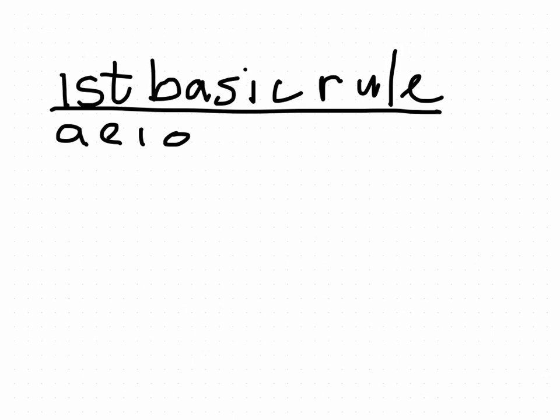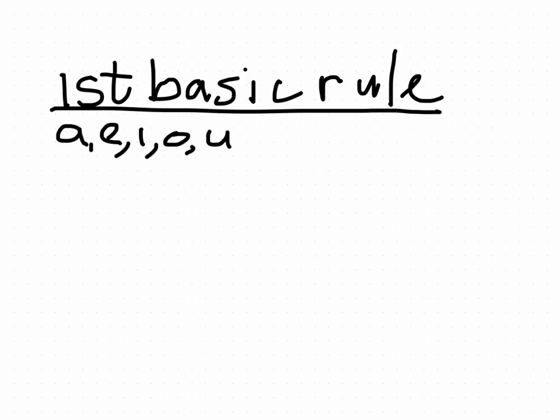So we're going to talk about our first basic rule. Our first basic rule is actually quite simple. If it is a short emphasized vowel, and our vowels are A, E, I, O, U, same as English.